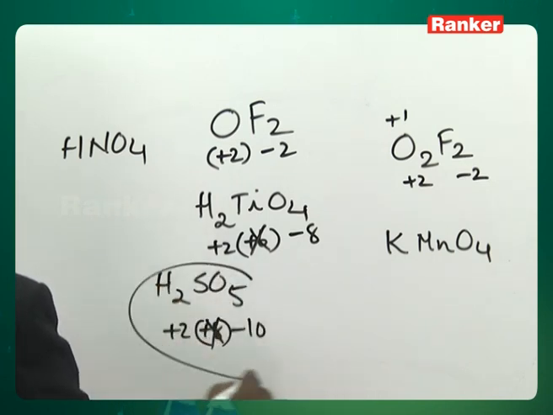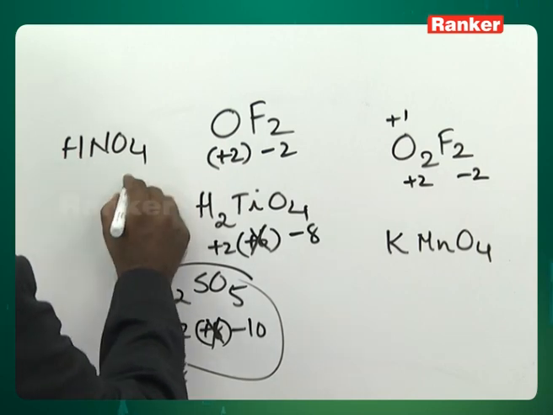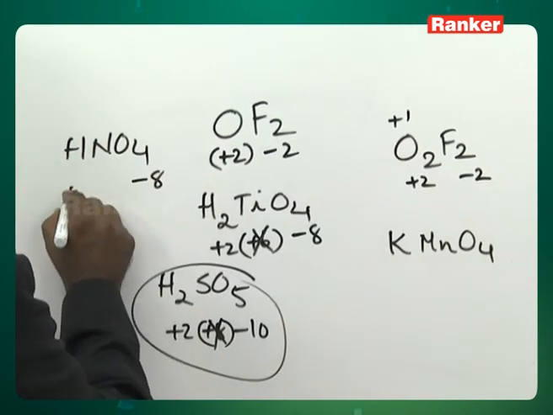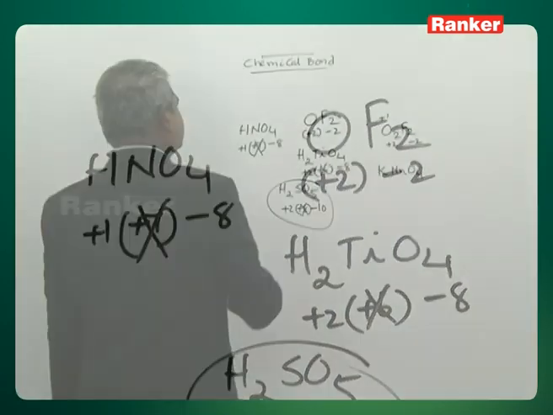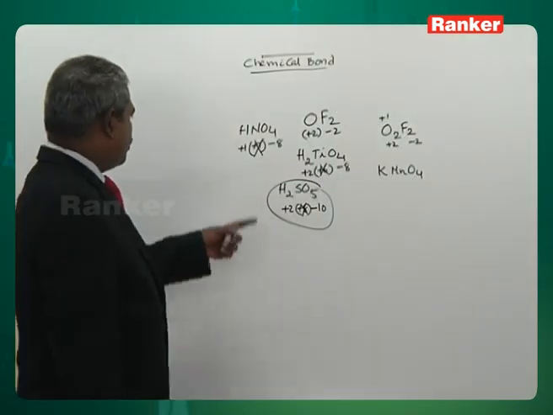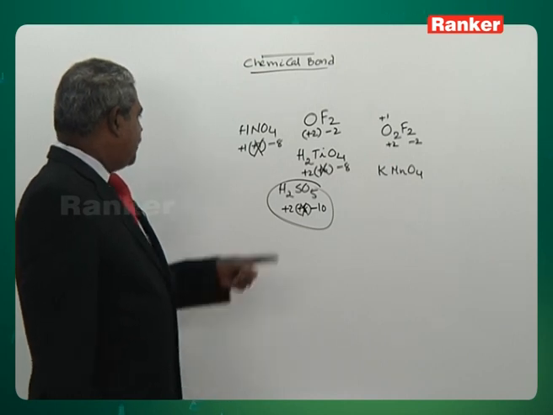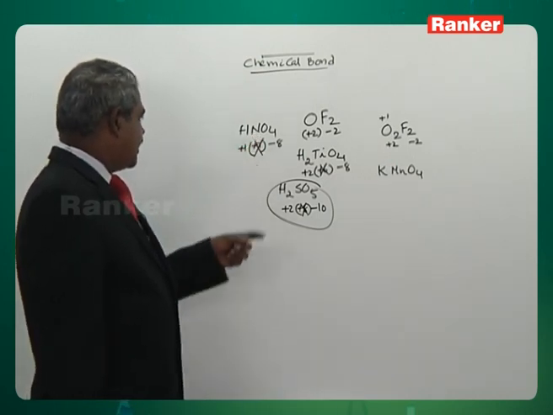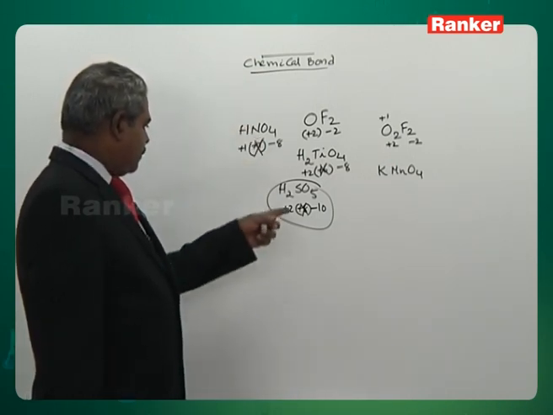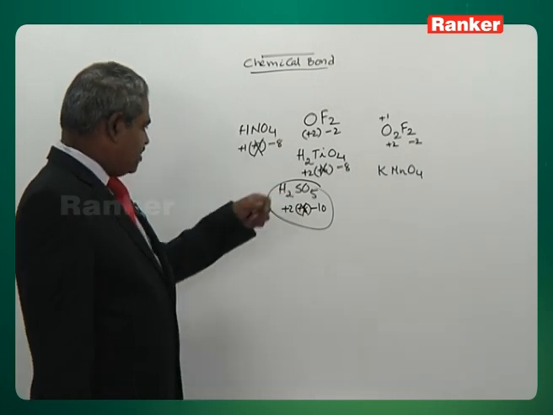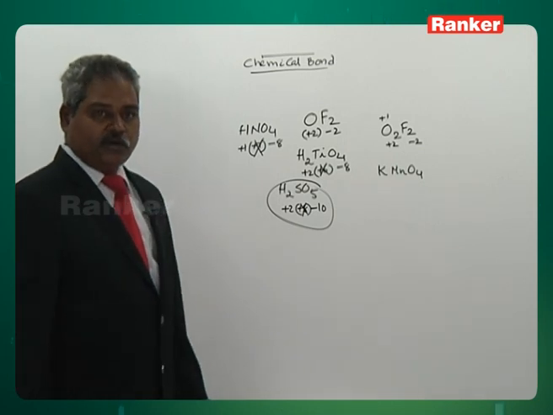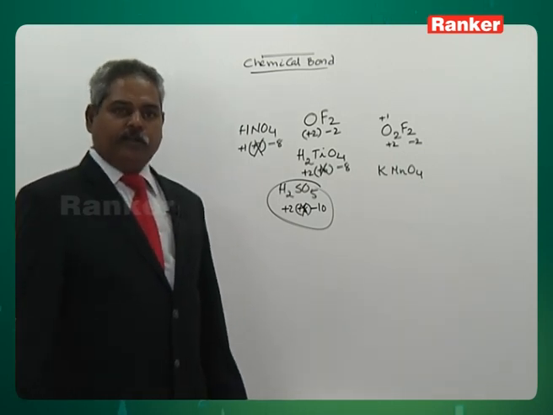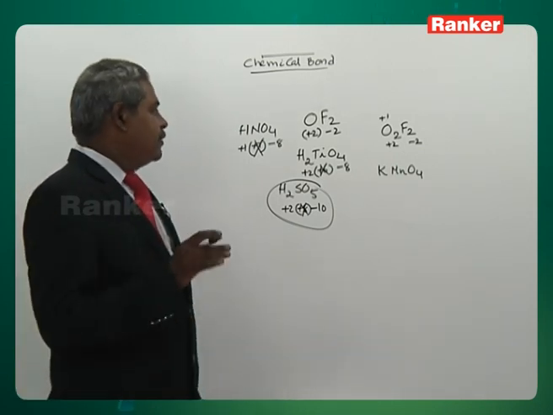Impossible. Peroxy. HNO4: minus 8, plus 1, plus 7. Impossible. Pernitric acid, peroxynitric acid, it contains a peroxy bond. Persulfuric acid, peroxysulfuric acid. So in some molecules the sound per will be there, but they need not be peroxy.